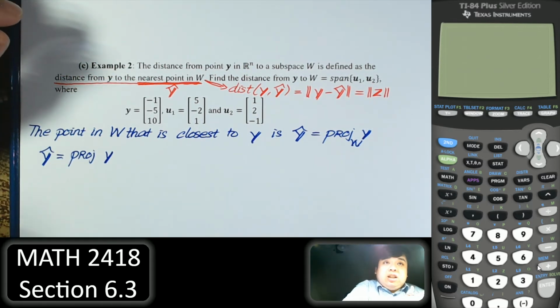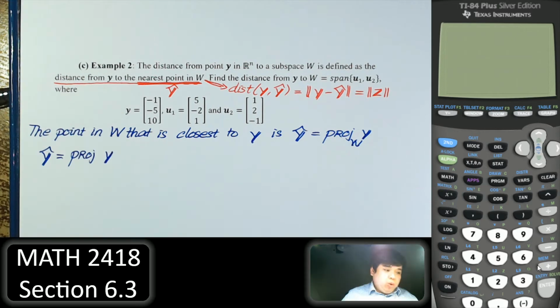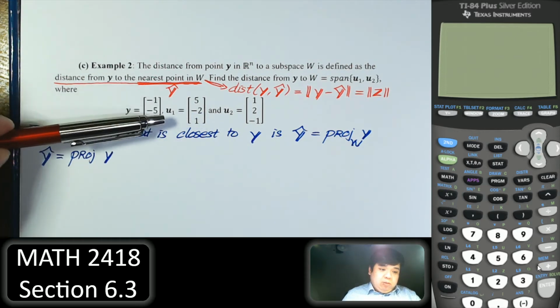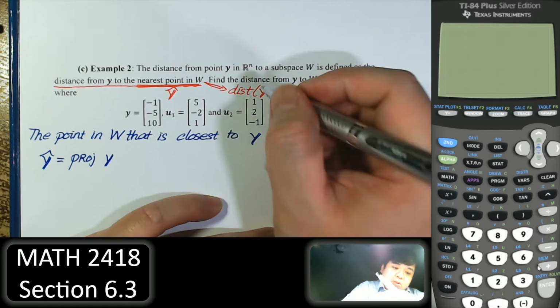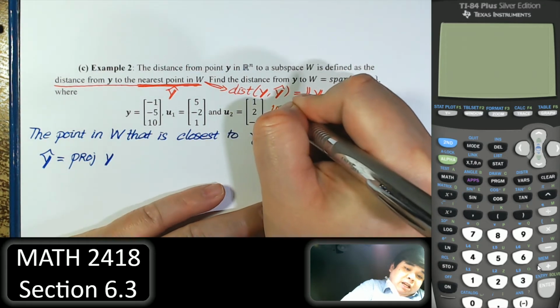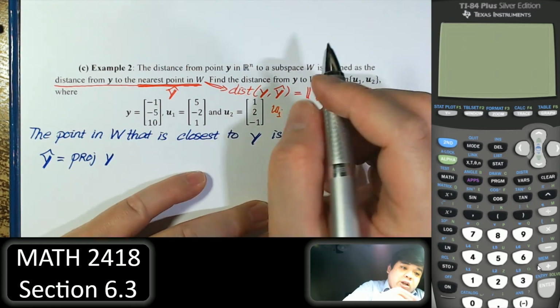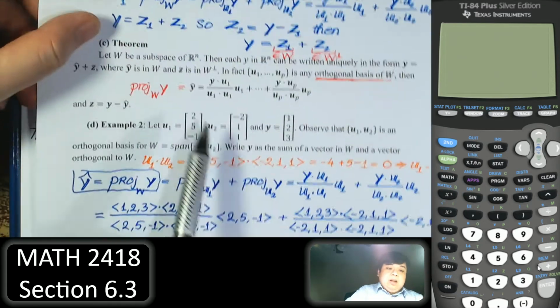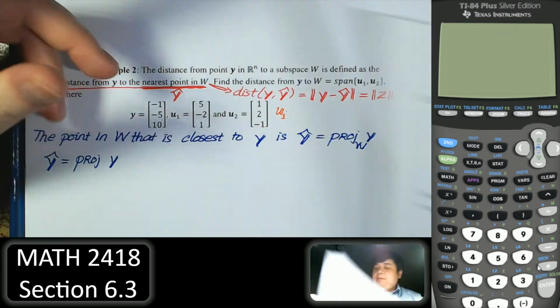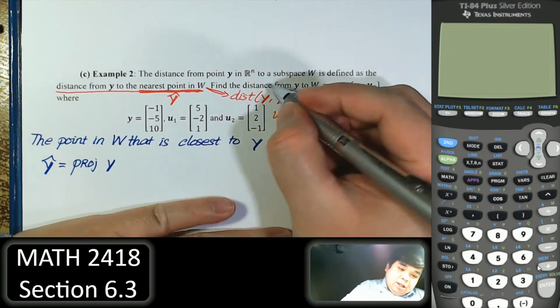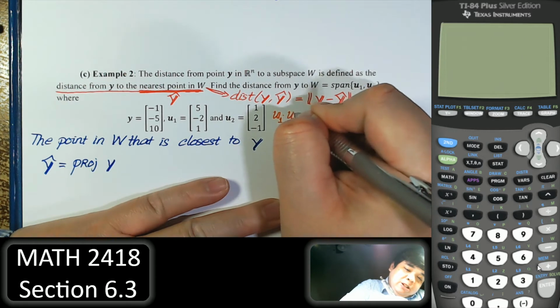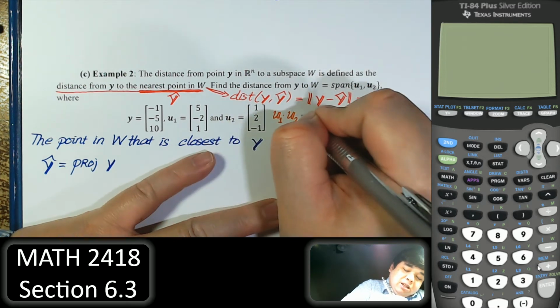The important thing is the vectors have to be orthogonal, so make sure that the vectors are orthogonal. So I multiply u1 and u2. The dot product should be equal to 0. If the dot product is not equal to 0, we cannot use this theorem. Just to make sure that the vectors in the basis must be orthogonal.